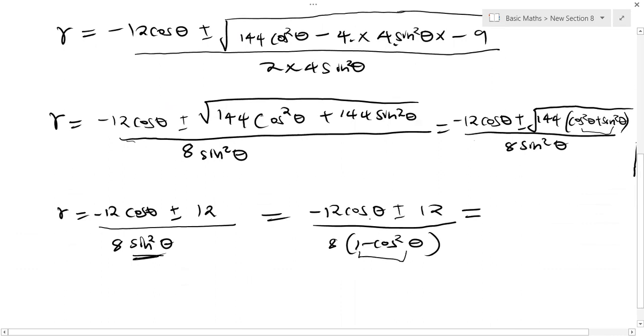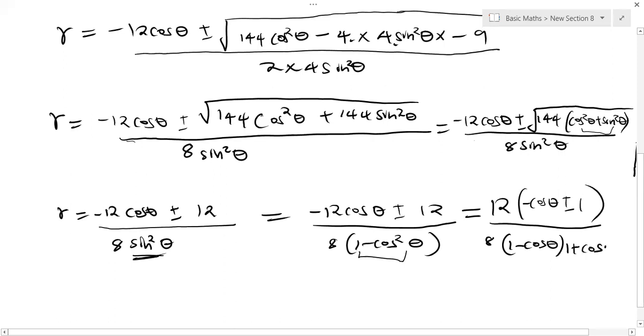And up here, as you can see, we have 12, we have 12. So I can write 12 outside, then I'll have minus cos theta plus or minus 1, all this divided by 8 into, down here, 1 minus cos theta, 1 plus cos theta.